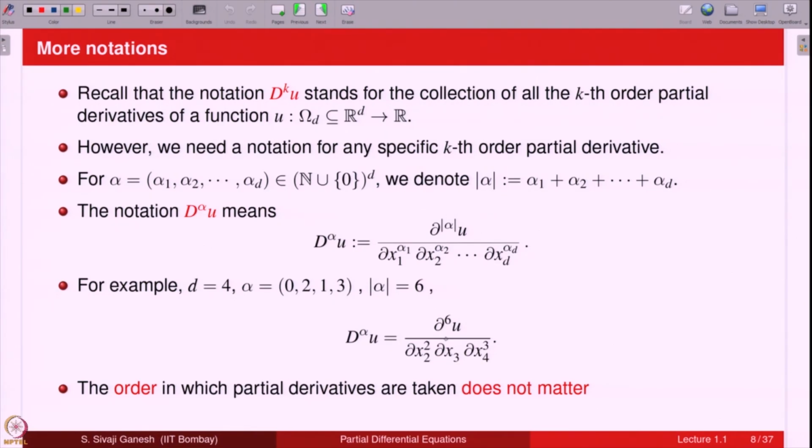We know that partial derivatives do depend on the order in which they are taken, but for reasonable functions they coincide. So, we are going to consider only such functions where the order in which you differentiate does not matter. For example, if you are considering a C2 function, then it does not matter in which order you differentiate. That is a theorem in multivariable calculus. Maybe that is the reason why this notation does not respect the order in which you differentiate.